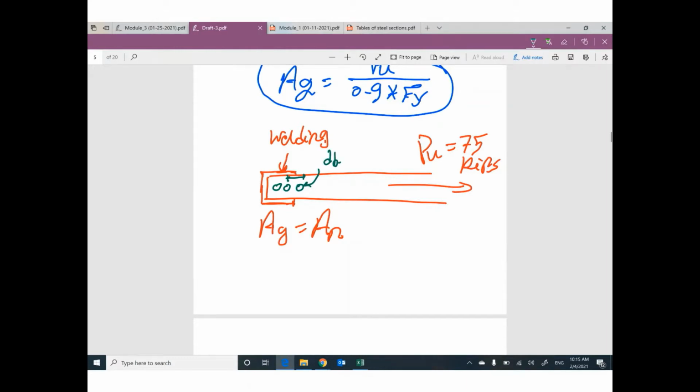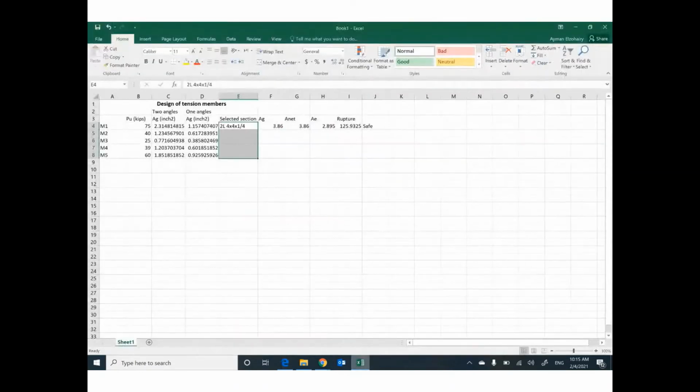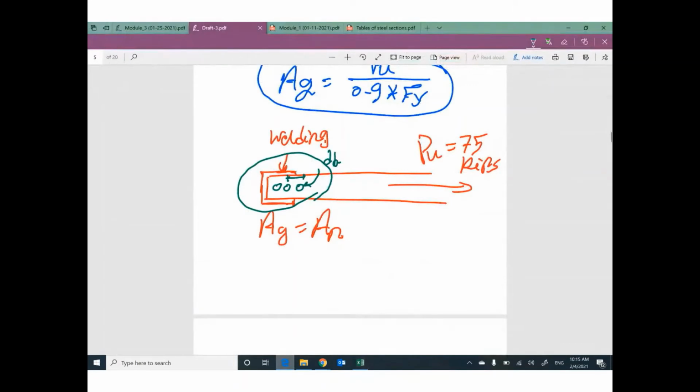Once you figure out the connection, you can accurately calculate the area net and the area effective. Does that make sense? So until then, we are going to assume area gross equals area net if you would like to start designing using Excel or practice how to design.